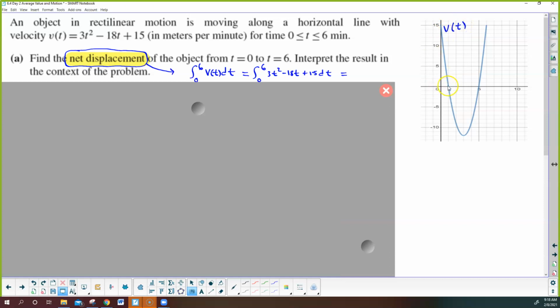All right, you don't need this graph, but you can definitely tell that we've got area that's above the x-axis between 0 and 6.